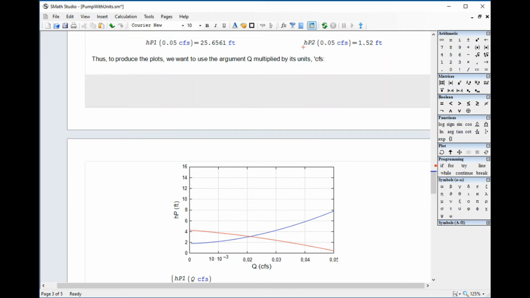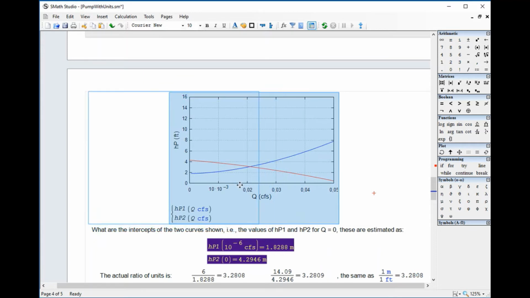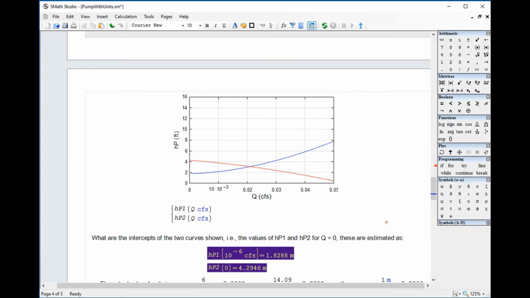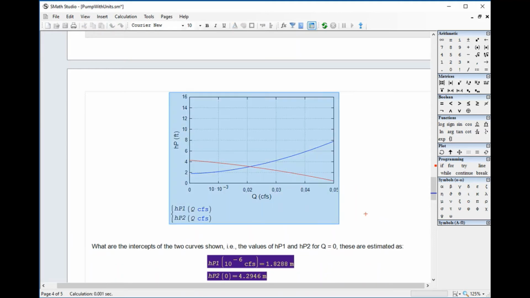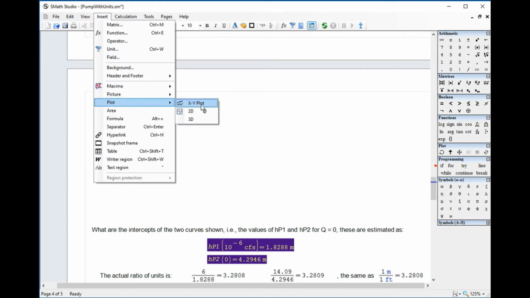Now, suppose that I just insert the graphic. I'm going to repeat the step here. We're just going to click here and then go to insert plot, XY plot.